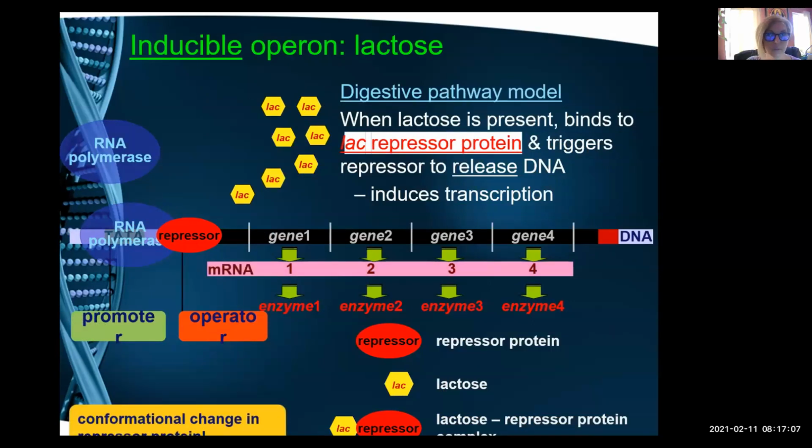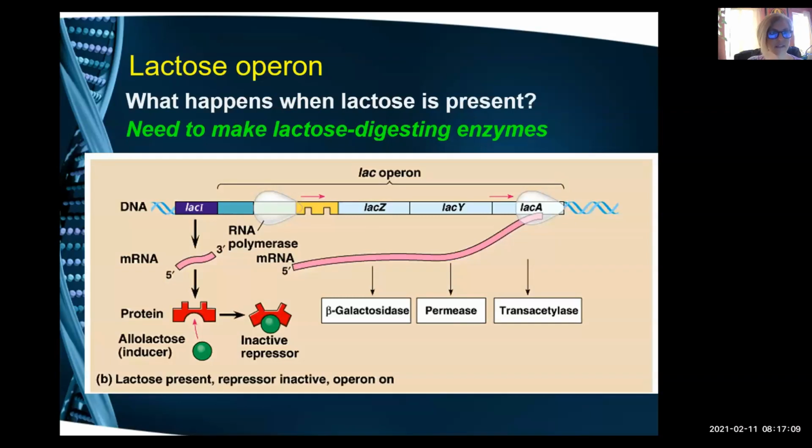The digestive model is when something's present that is new to your environment. So typically, in this case, the regulatory protein, the repressor protein, would already be bound to the operator.